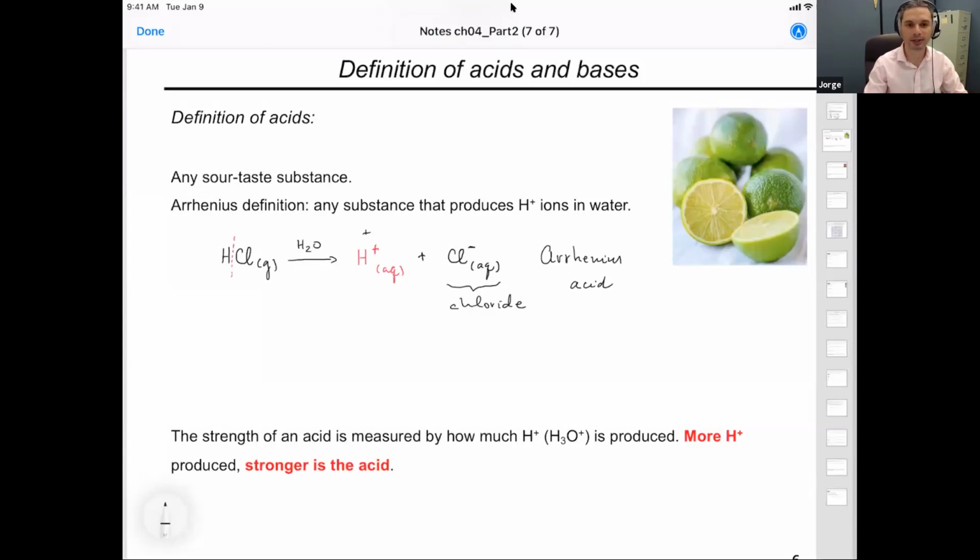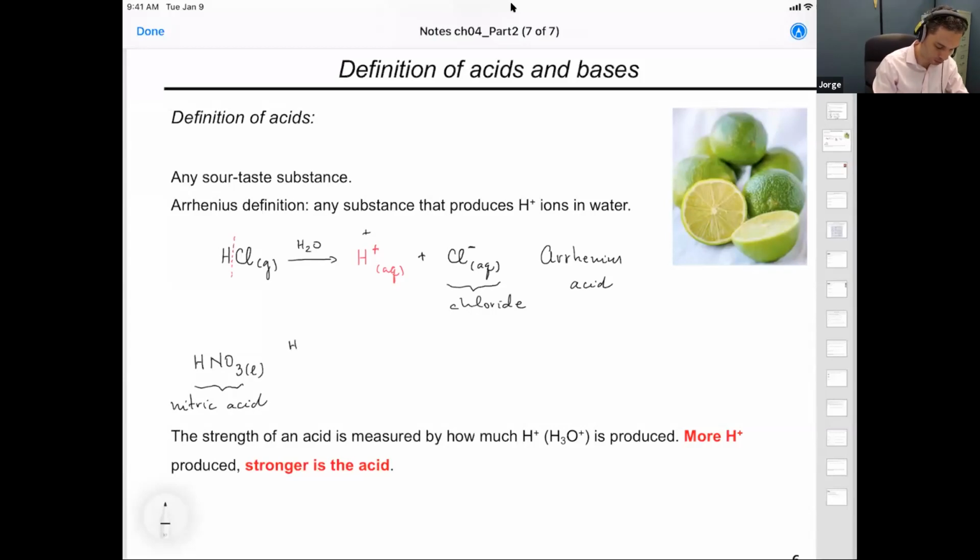So now let's see a second example using an oxoacid. Let's start here with HNO3. HNO3 is called nitric acid. Now let's dissolve nitric acid in water.